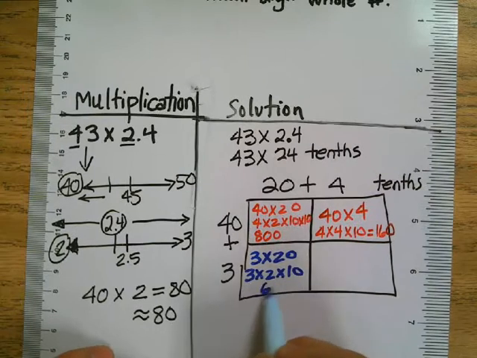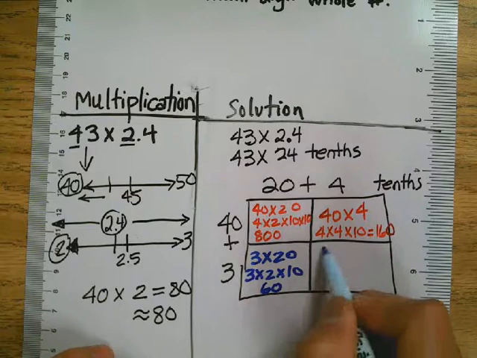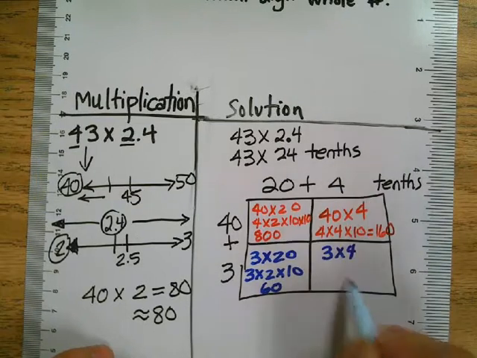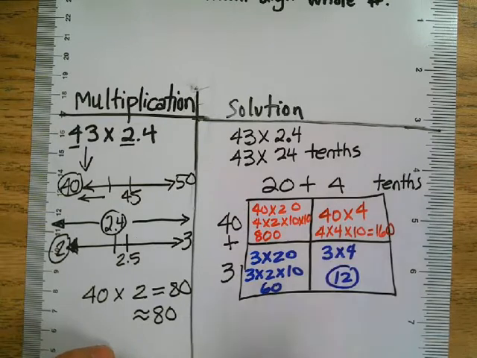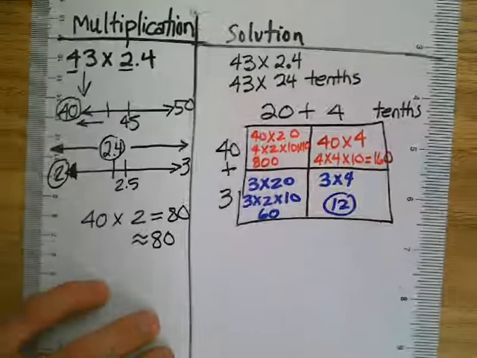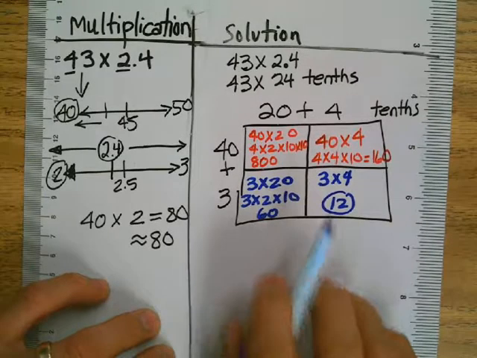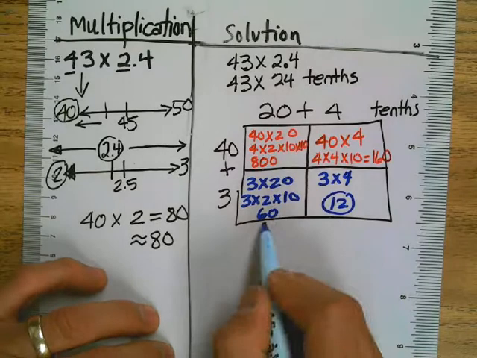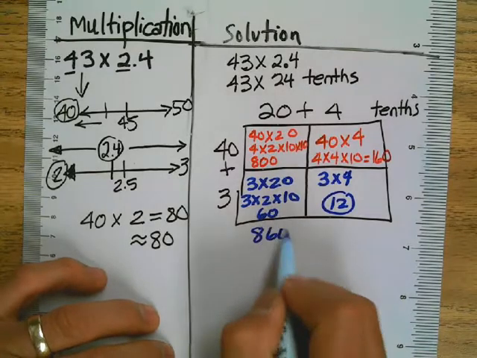That's 12. So now we're going to find the partial products. So 800 plus 60 equals 860, plus 160 plus 12 equals 172.